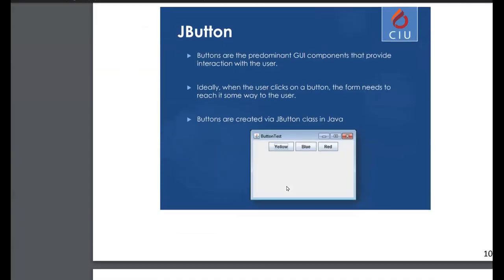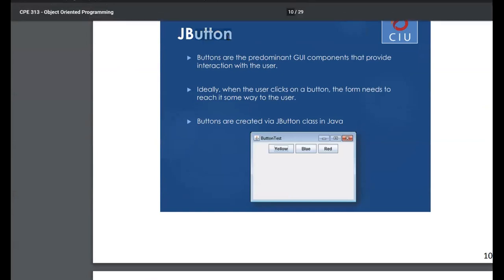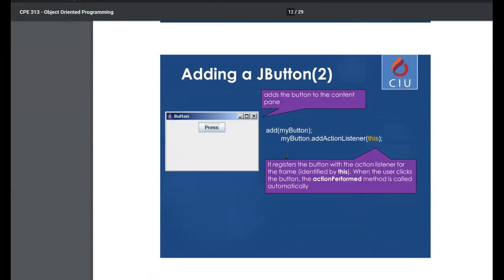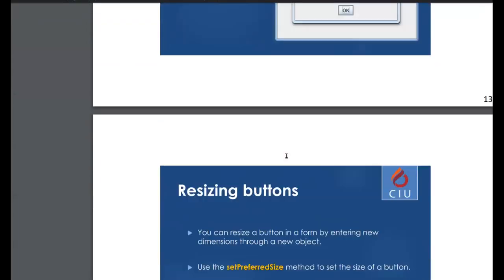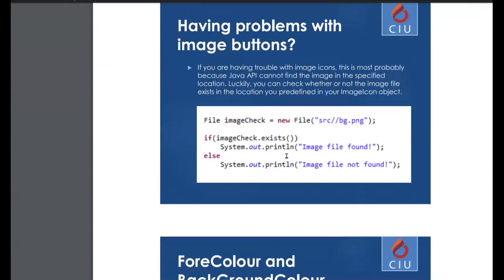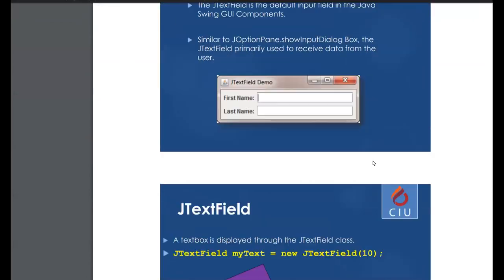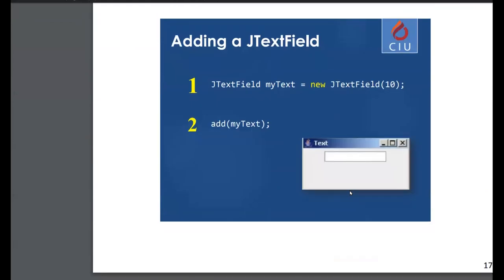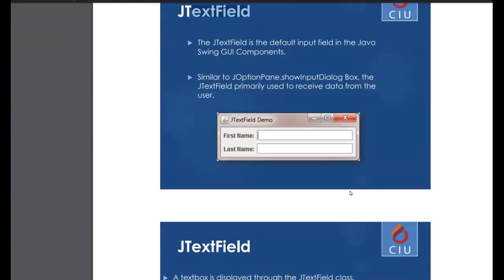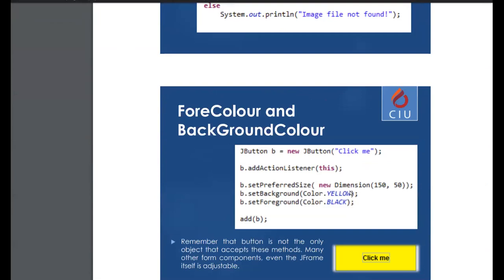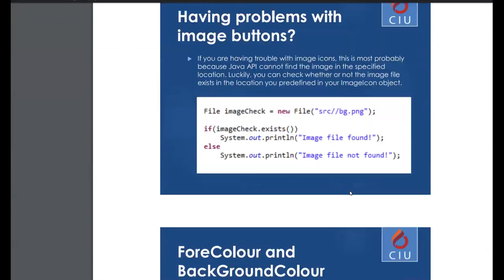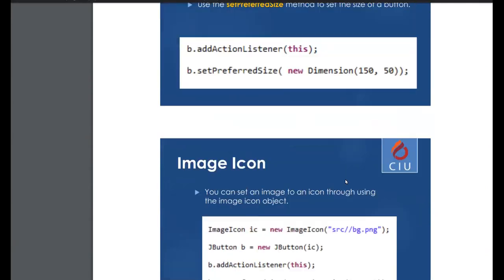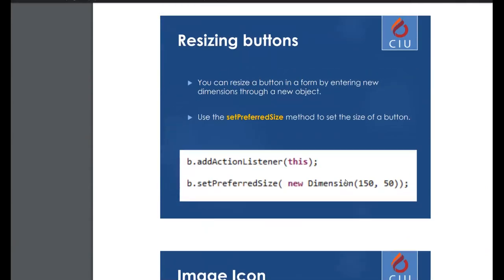So far we learned about the J button, sorry, we learned about the text field. We also learned about the labels. So we're going to expand our knowledge slightly, and we're going to make sure that we will apply colors if we like and customize our form.